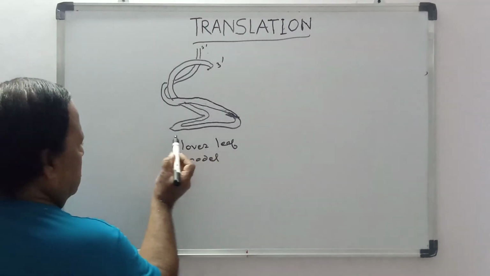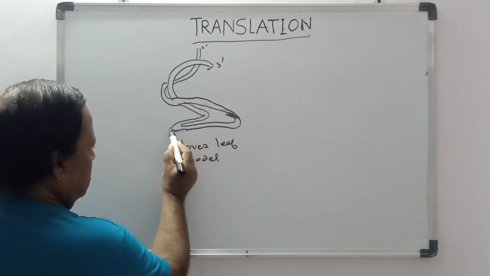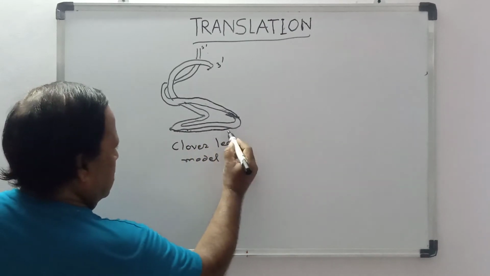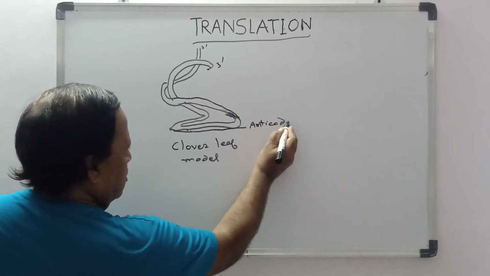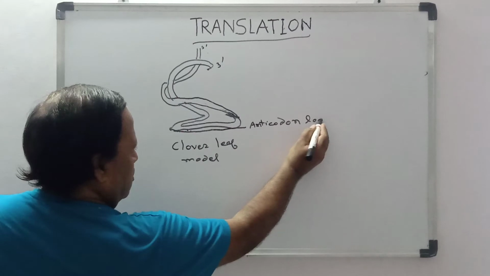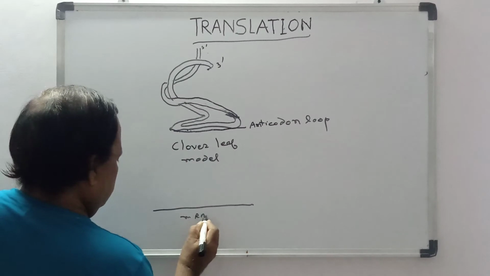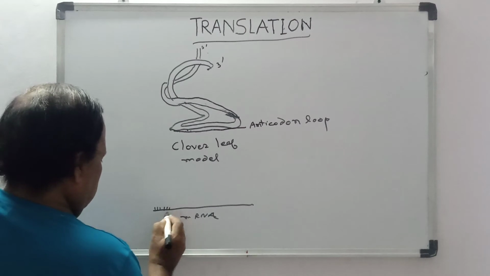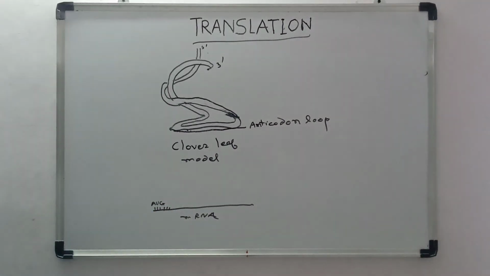And at its base, it forms the anticodon loop. Suppose this is the messenger RNA, and this codon, the starting codon, reflects AUG.